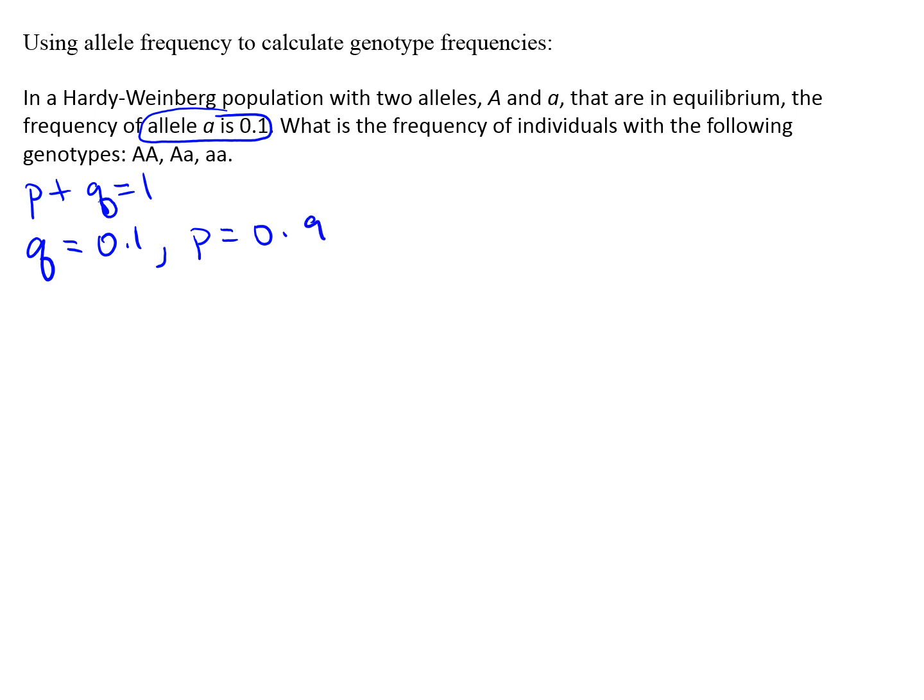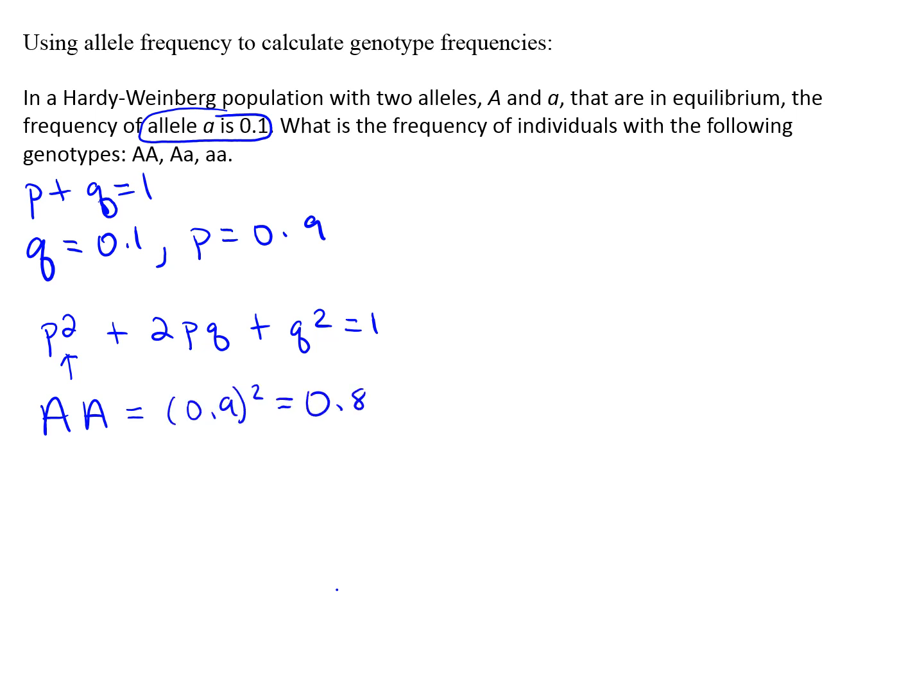Once we know the frequency of the P and the Q, we can then use the equation P squared plus 2PQ plus Q squared equals 1, and we can go ahead and calculate the frequencies of individuals with the genotypes listed. So the homozygous dominant genotype, that is going to be our P squared, and so that would be equal to 0.9 squared, which would give us 0.81.